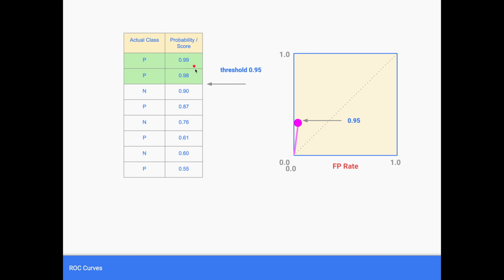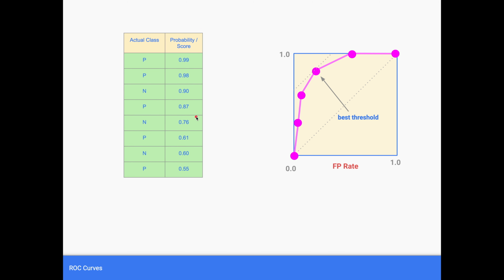Here we have two positives, because they're above the threshold, and all these we're going to say are predicted negative. Now we know not all of them are negative because we know the actual class, so we can build a matrix again of false negatives, true positives, and so on, and plot them on a ROC square like this, and we can adjust the threshold and do it again.